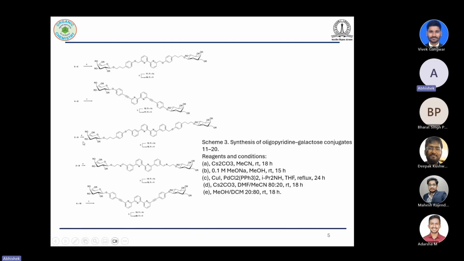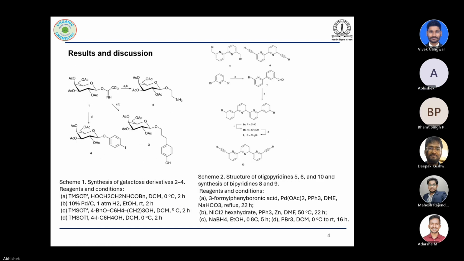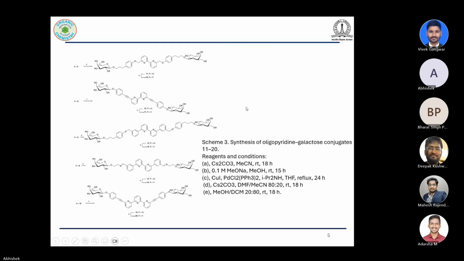And in the third, they take compound 3 and this bromide 10, and the condition is sodium carbonate in DMF acetonitrile 80:20. They synthesize this oligopyridine compound with glycoside derivatives on both sides.